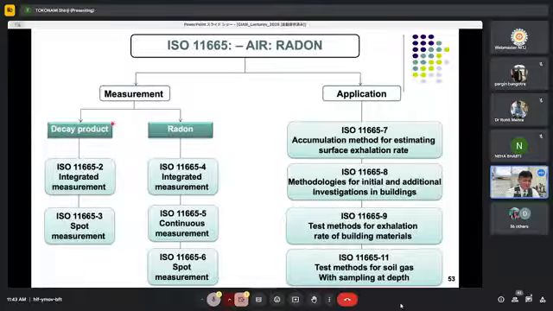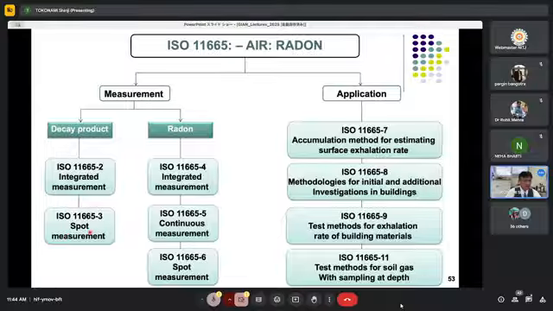the measurement of decay products, ISO provides two standards on radon, ISO 11665 Part 2, which contains integrated measurement techniques. ISO 11665 Part 3 gives a spot measurement.